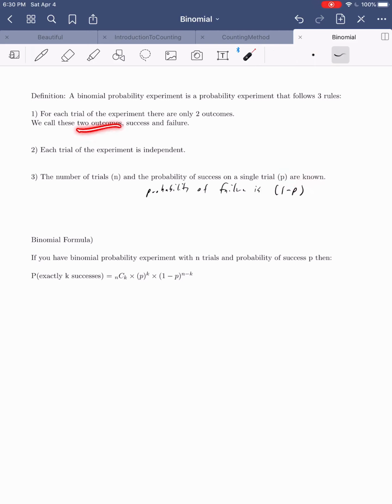You do nCk, the number of combinations when you choose k from n, times p to the k, times 1 minus p to the n minus k. This formula is a very famous one in mathematics.